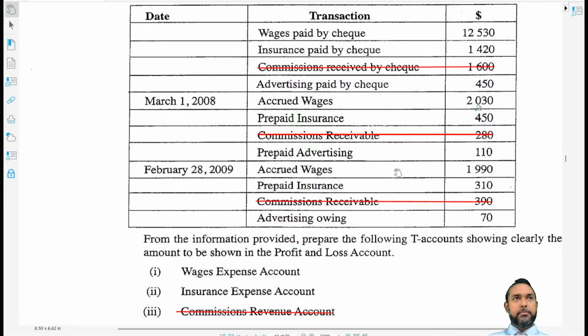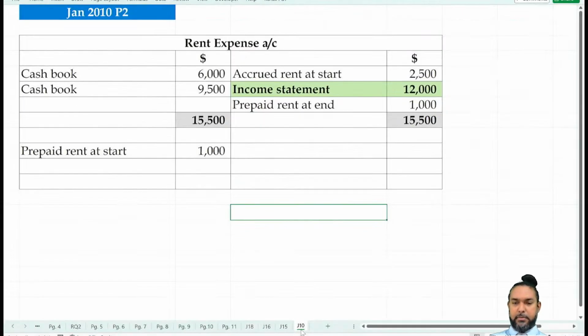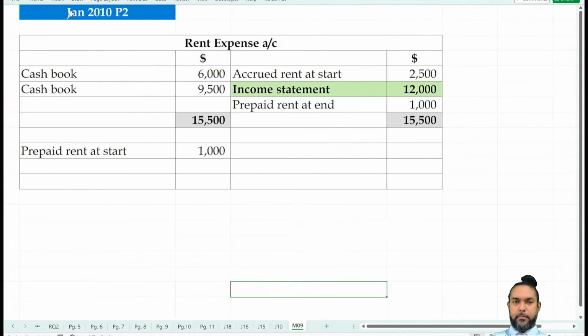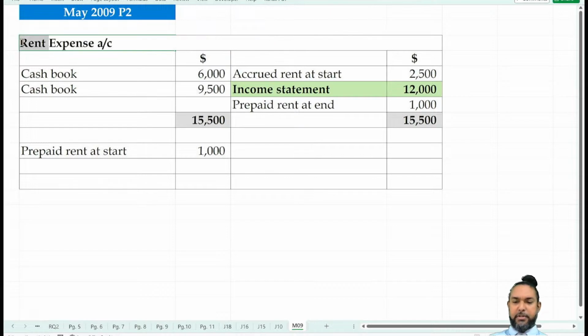Can do the wages account. Yep. All right. Cool. So this is May 2009. As a matter of fact, so 09. The first one was wages. Right. Okay.